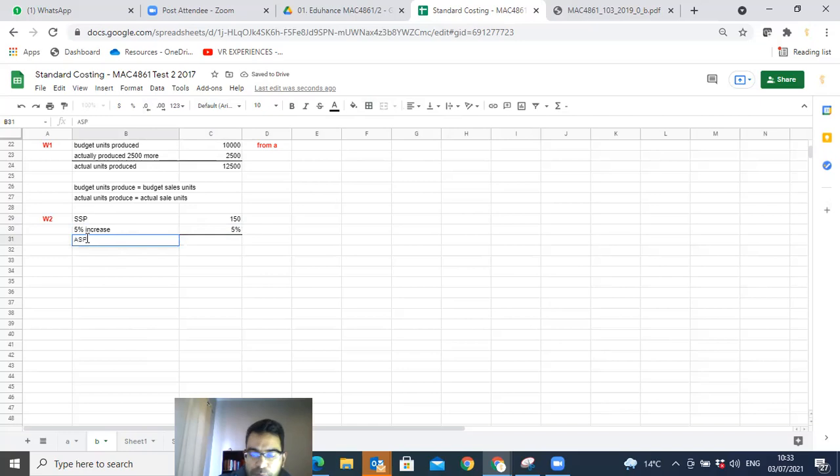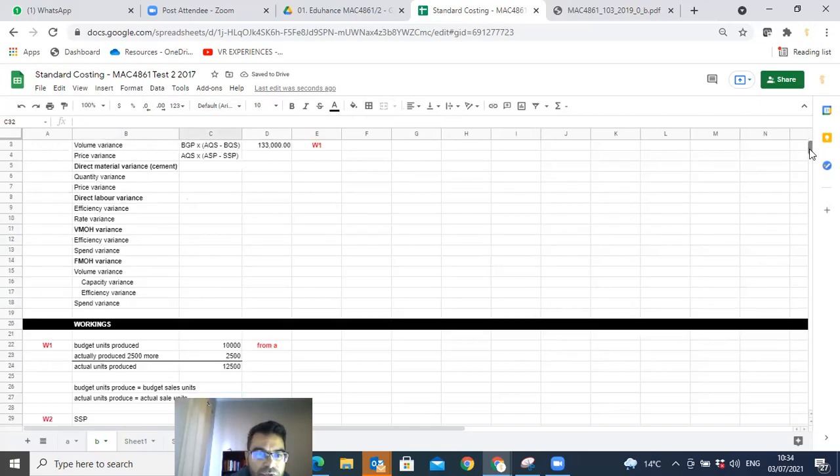Actual selling price is equal to 150 multiplied by 1 plus 5%. Okay, so 157.50.